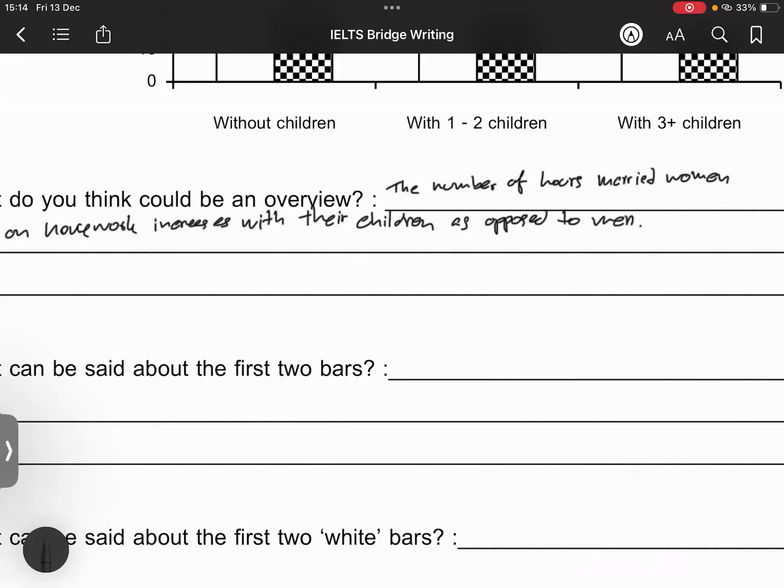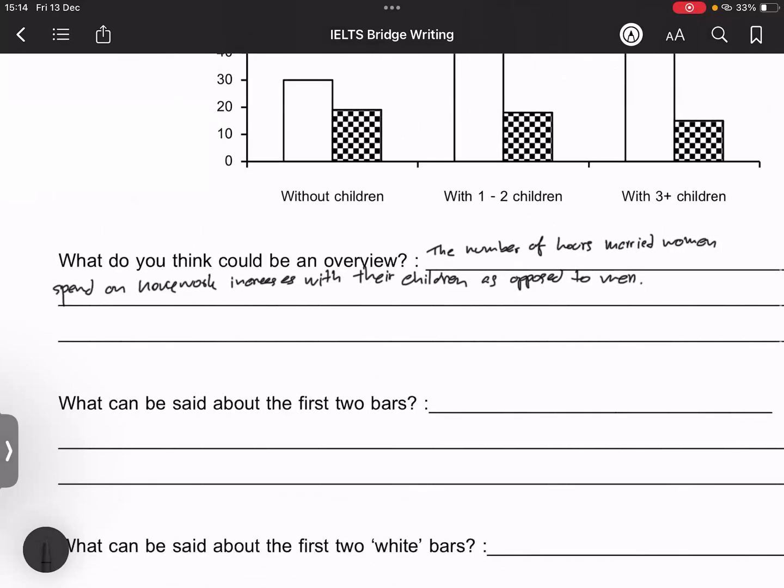So I can say that the number of hours married women spend on housework increases with their children as opposed to men.